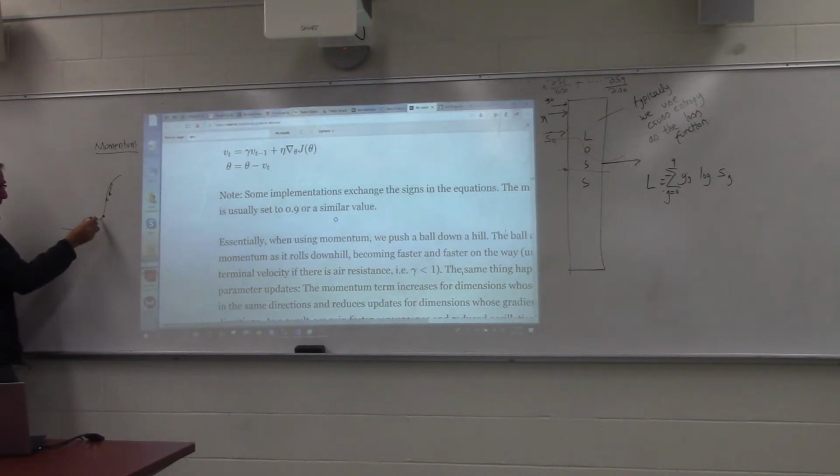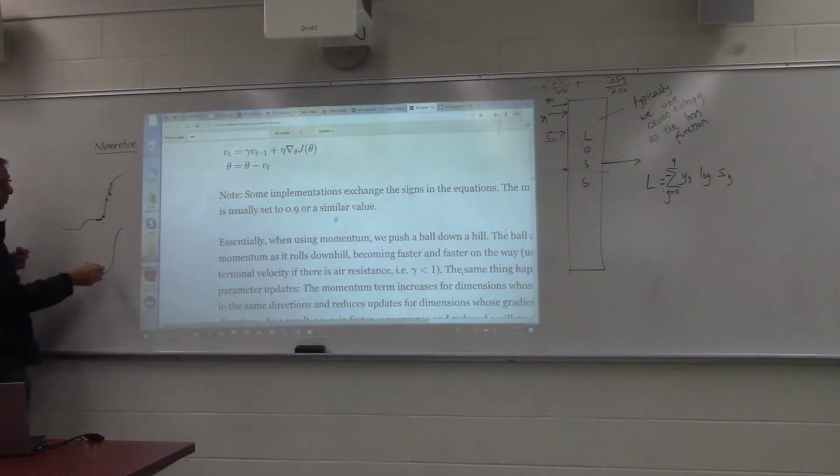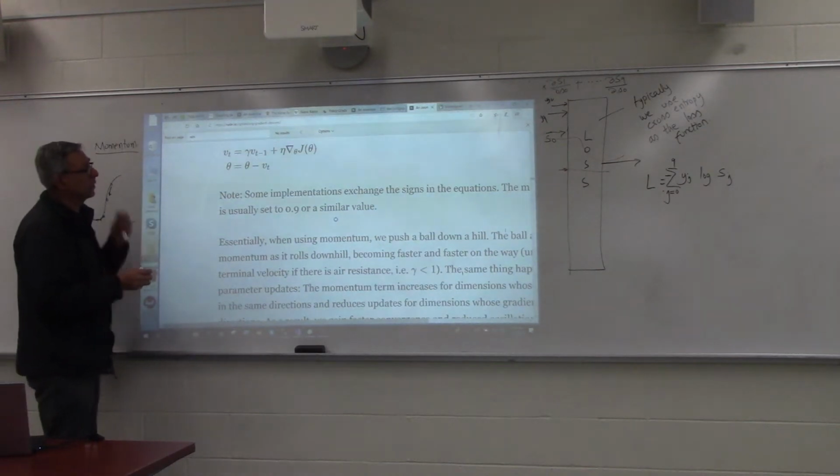As the gradient becomes less, based on the past history, we will also slow down a little bit. However, the way this momentum is designed is, if we take a look at the equations, right?